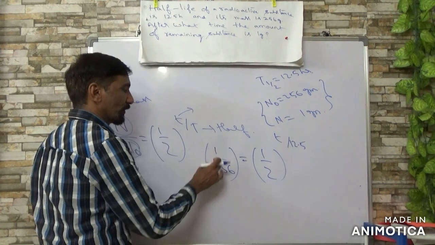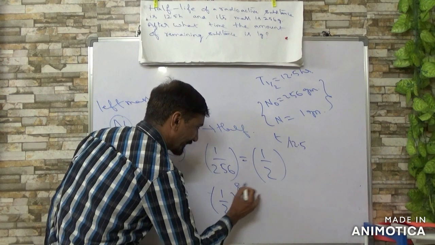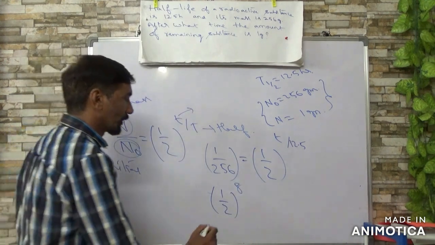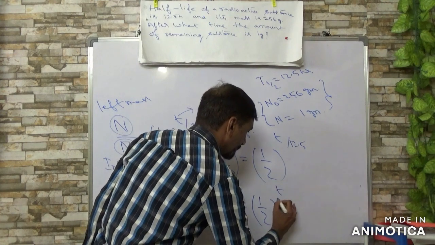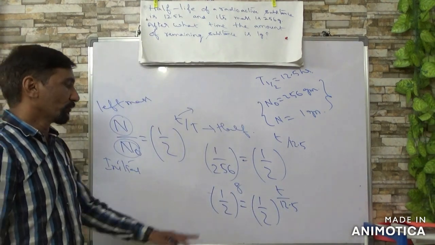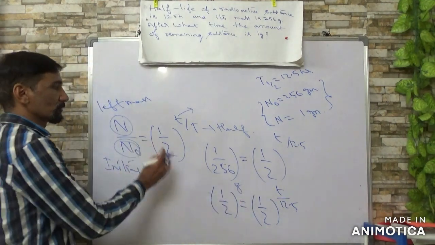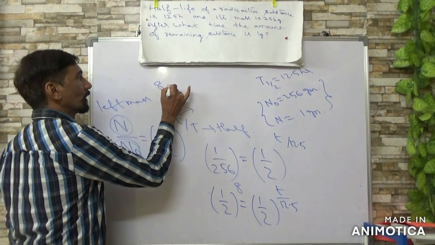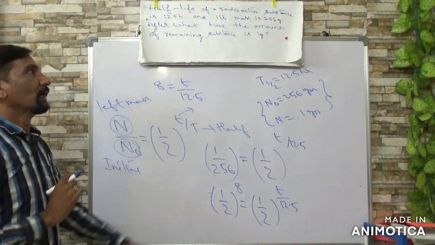So this 1 by 256 you can also write as 1 by 2 power 8, which is equal to 1 by 2 power t by 12.5. Whenever bases are equated, powers are also equated. So 8 is equal to t by 12.5 hours.